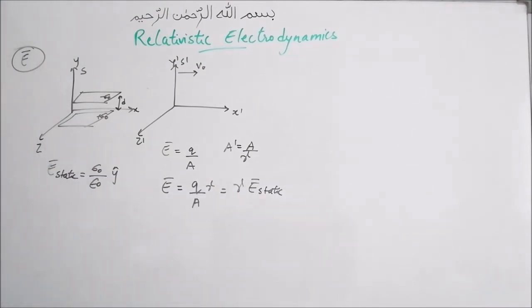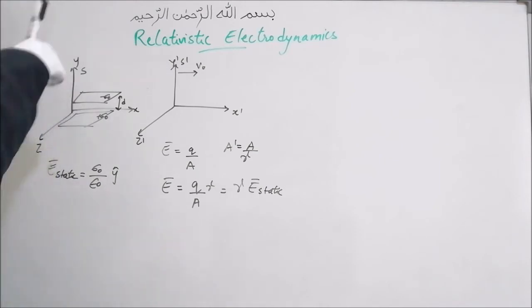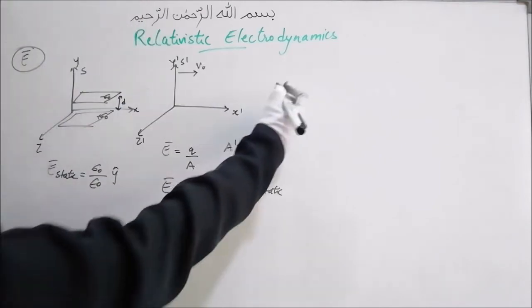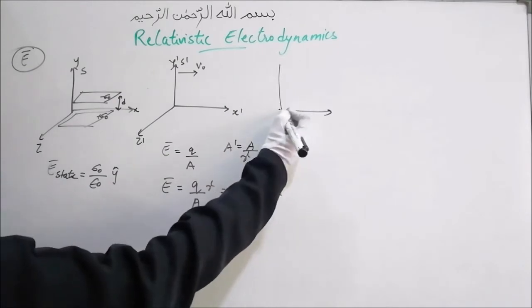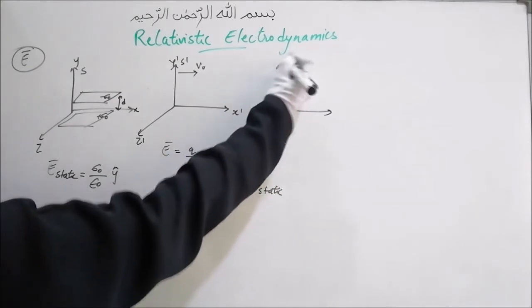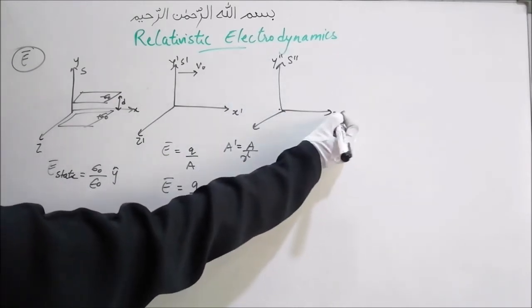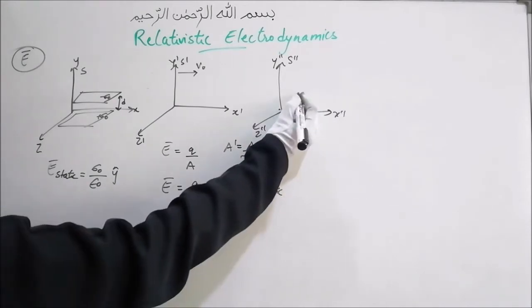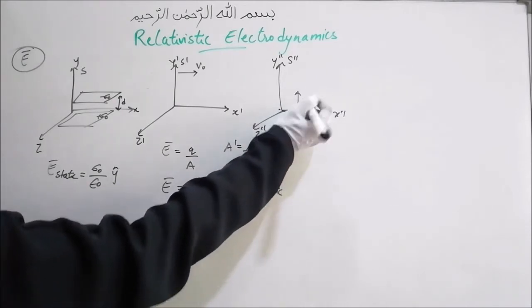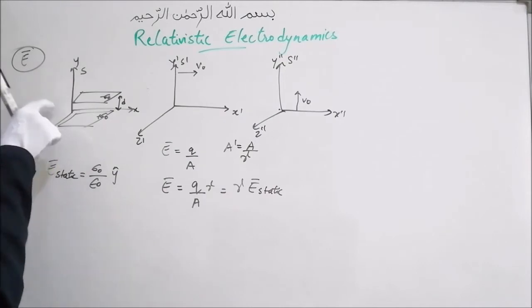But if we look at velocity along this other direction, consider some other frame, let's call this S''. This is y'', this is x'', this is z'', and let's say it is moving with velocity v naught upwards with respect to this case.